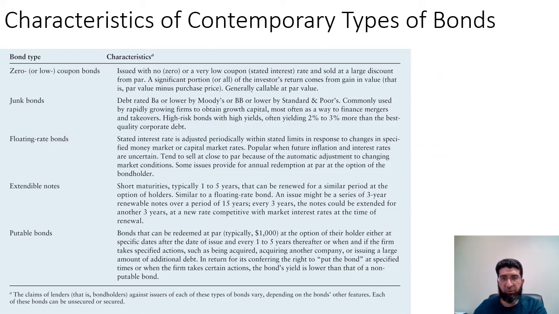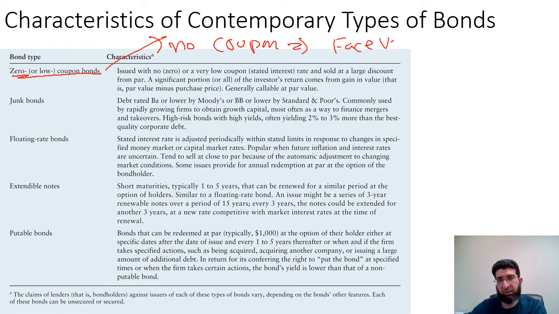Now let's look at a few of the bonds. We have already covered a few. We'll look into zero or low coupon bonds. In a zero coupon bond, there are no coupons, so no interest payment. So how do we benefit from such a bond? These bonds have a face value or par value, and they are issued at a deep discount from the par value.